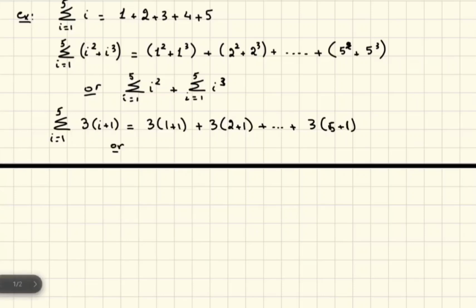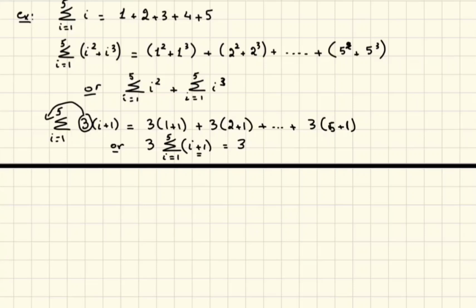Instead of this, the 3 is not actually related directly to i, so we are allowed to take it out. So in this case I write 3 sigma from i equals 1 to 5 of i plus 1. Now if I want to separate, since we have addition, we can do that.